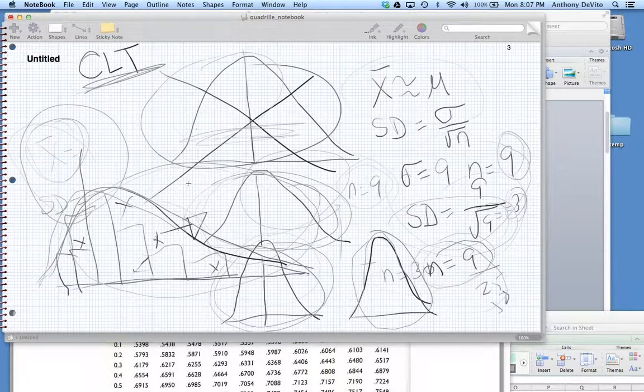So there's another big advantage to this central limit theorem. Not only can we make predictions and understand distributions for normal distributions and how samples are related to those, but we can actually apply this to populations that aren't perfectly normal.